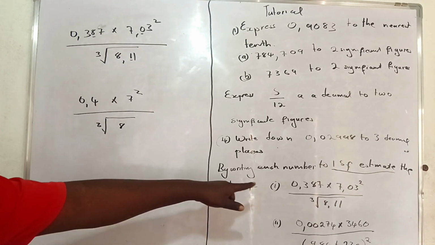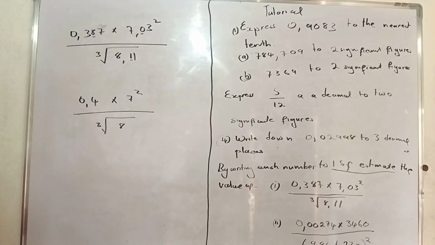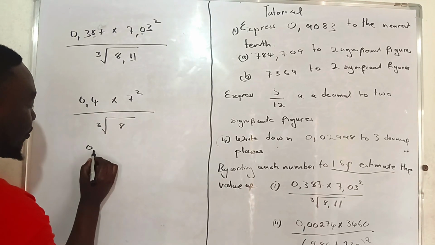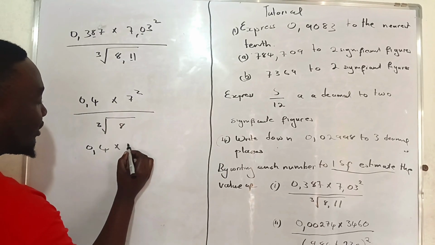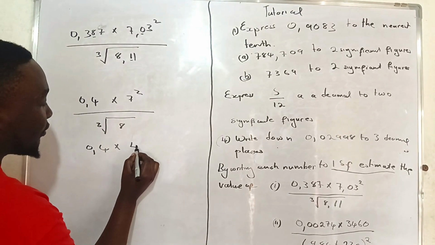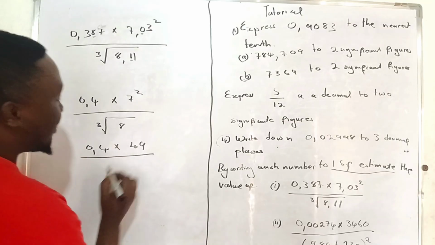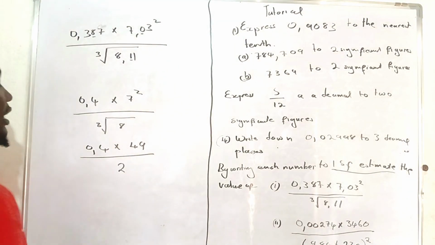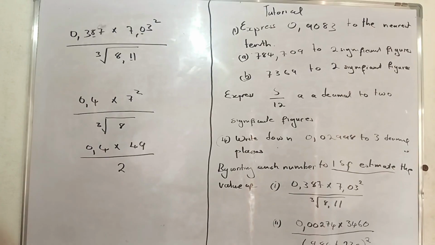That's the first step. We have completed the first step. Then we move forward. 0.4 multiplied by 7 squared, we already know that's 49, divided by the third root of 8, which is 2.